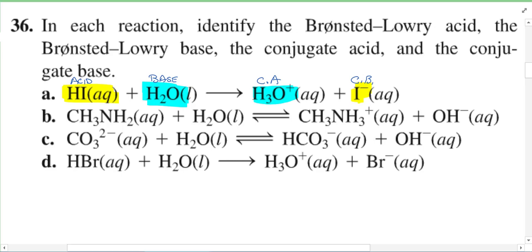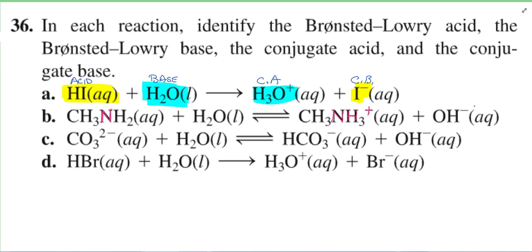The next one, key element here, N. Hopefully you see the N. And then you see N, there's an H and a plus sign. That's very, very important. And of course, hydroxide will always be what? Hydroxide will always be a base.